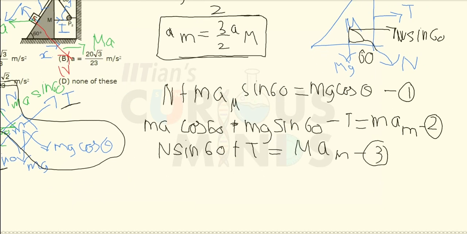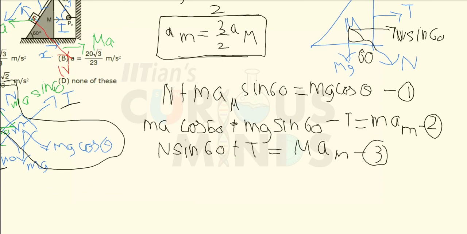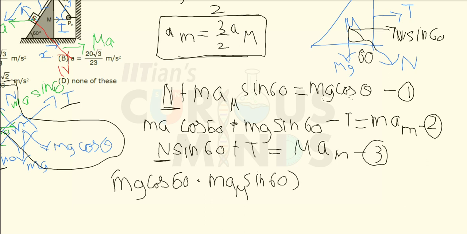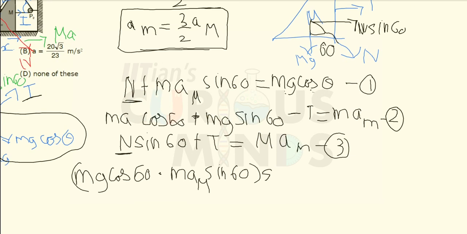So let us substitute the values and get the values of all the different terms. First of all, let us substitute the value of N. N will be equal to mg cos 60 minus m A_M sin 60. This is the value of N into sin 60, plus the tension.